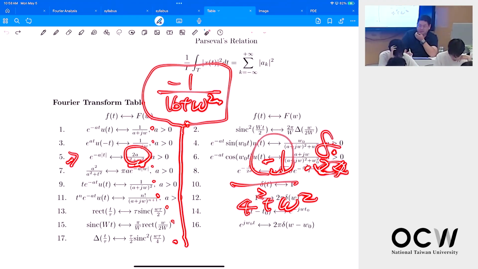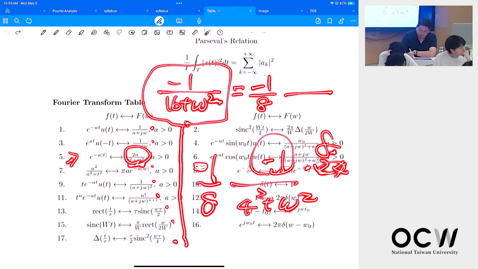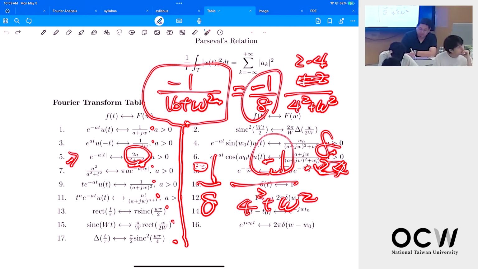I need a here, so I also need to divide by a. Okay, so this one will be minus 1 over 8, and then 4 squared plus omega squared, 2 times 4. So I have an additional term, minus 1 over 8.